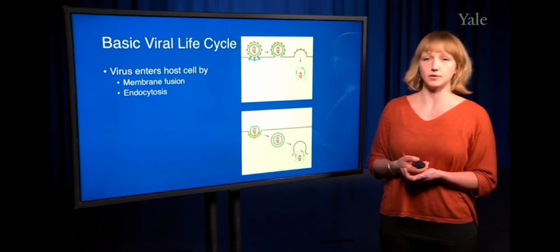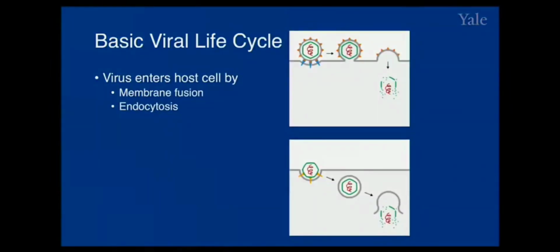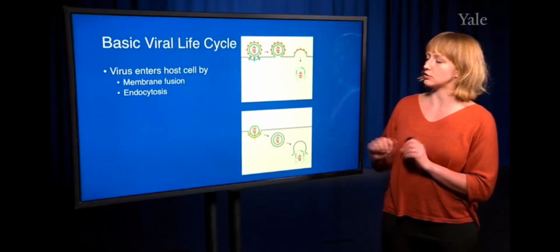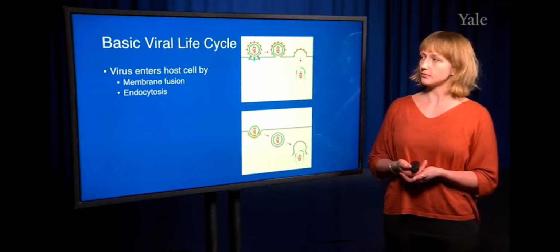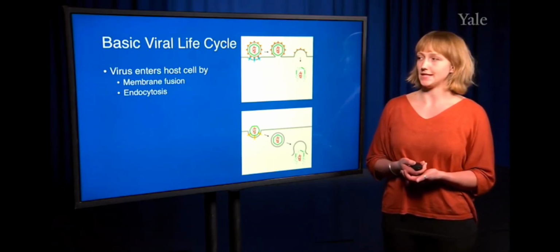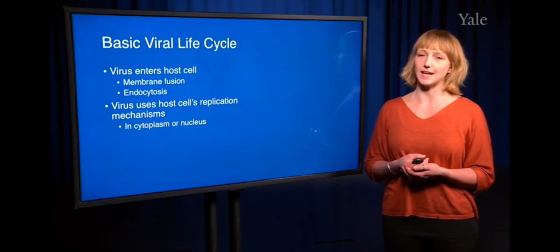This means that, again, the virus interacts with membranes on the outside of the cell, but then this complex is endocytosed and brought inside. So instead of the membrane fusing with the host cell, as in membrane fusion, the entire particle is endocytosed. Once the virus is in the cell, it uses host cell replication mechanisms in order to replicate itself.